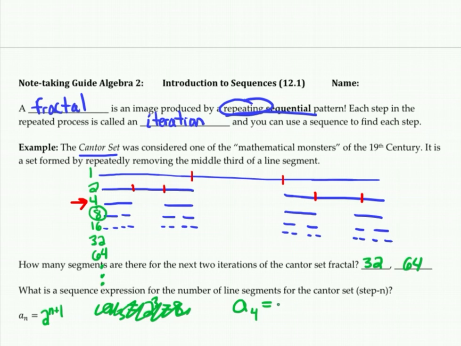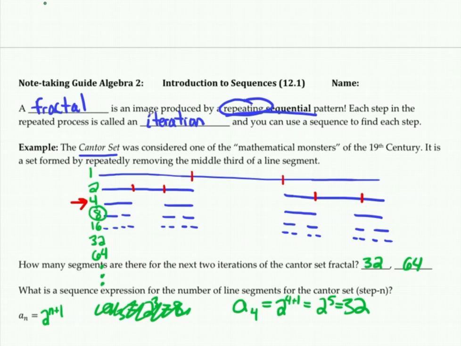So a sub 4 for us now is going to be 2 to the 4 plus 1, which is 2 to the 5th power, which is 32. The fourth term, is that 32? No, I still have a mistake in here.